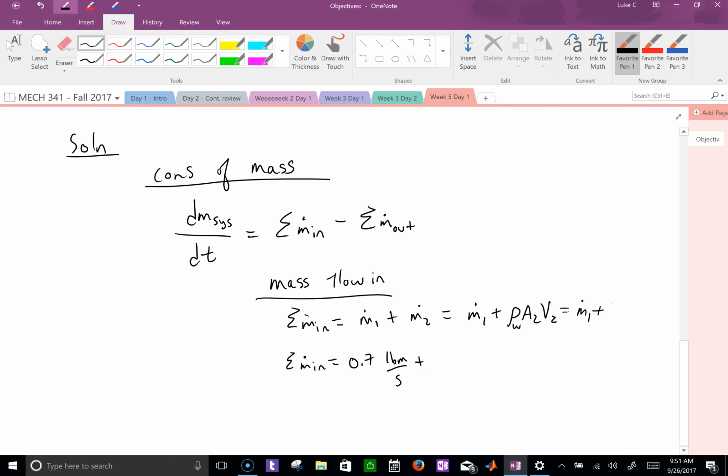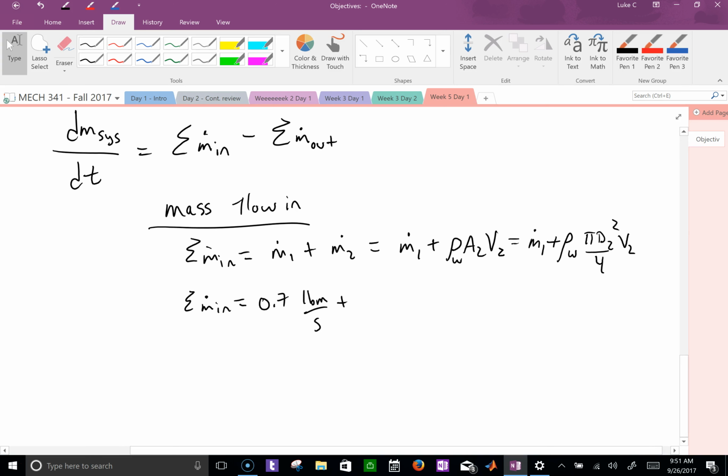Because what do we know? We know the diameter, right? So it's rho of the water times pi d2 squared over 4 times v2. So we're kind of doing a review in this problem. The reason we're doing this review is because after the test, we're going to get into momentum, which deals with forces in fluid flow, and you need to know mass flow rate and understand all that. Okay, so we're going to use pound mass, because that's the same unit here.